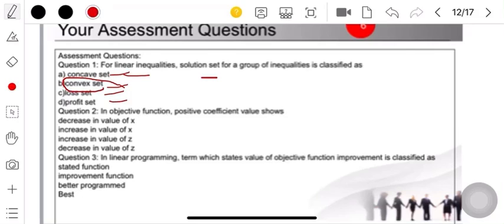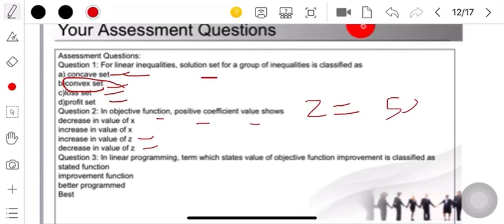Question 2: in the objective function, a positive coefficient value shows a decrease in the value of x, an increase in the value of z, or a decrease in the value of z. Obviously it is in the objective function.